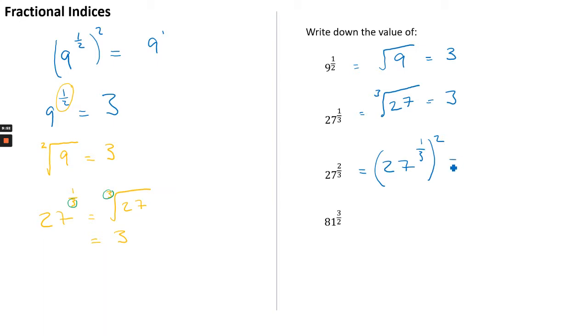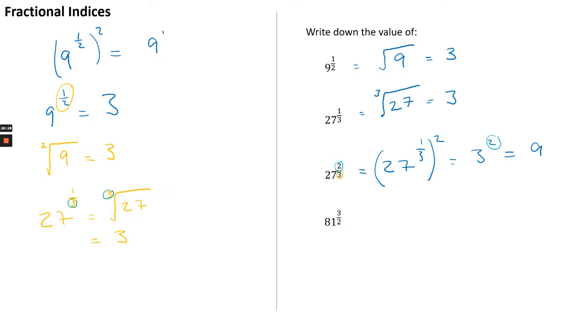This is just to show you. 27 to the power of a third I know is 3. And then we square it, and we'll get 9. That means that the denominator will be the cube root, whereas my numerator will then apply afterwards.